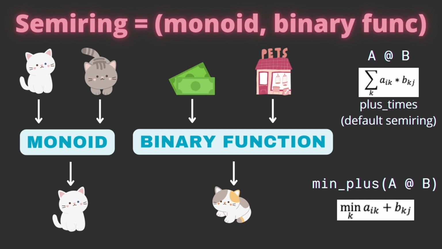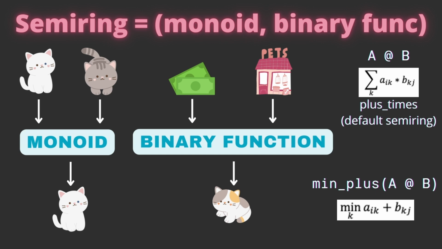A semiring combines a monoid and a binary function. Of these, I'm sure you're most familiar with the binary function. It has 2 inputs of any type and has 1 output of any type. Here, we give our binary function money and a pet store, and we get back a cat. Wonderful. A monoid is a more specific binary function.